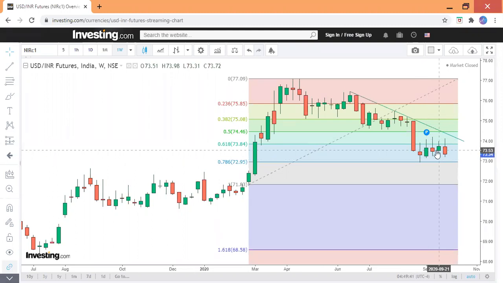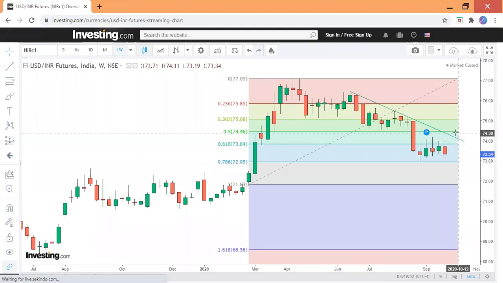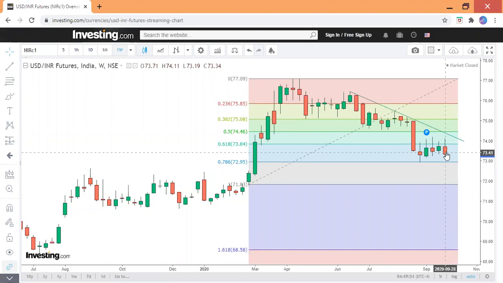But before this happens, we are having stiff resistance, we are having a downtrend trend line. So there are two possibilities: the USD INR would go on the higher side above the trend line, so we will assume the support is shifted to the higher side. But as of now, we are more likely to watch the resistance levels.